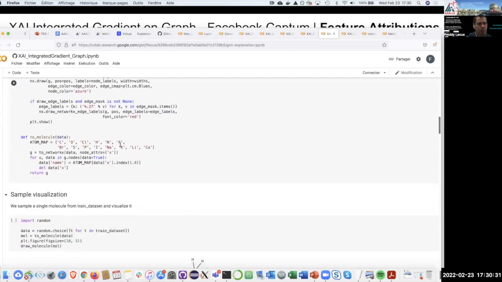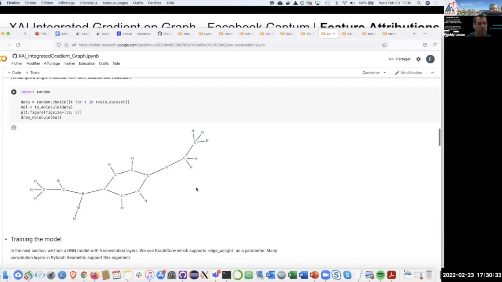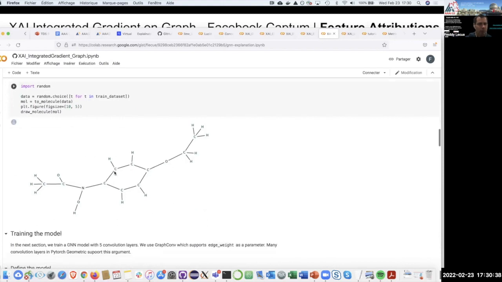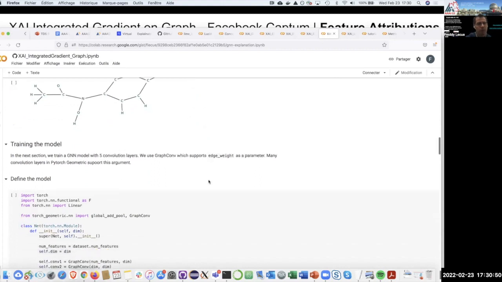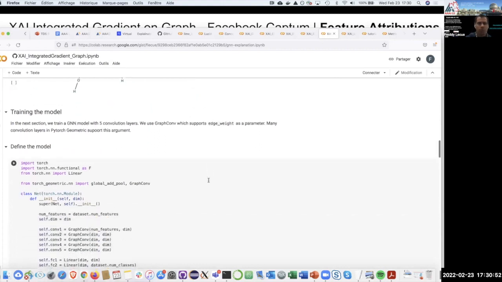So this is an example of the graph structure here, and because that's a graph, you build a model based on the graph. So it's a graph neural network. They use GraphConv, which takes edge weight as a parameter.